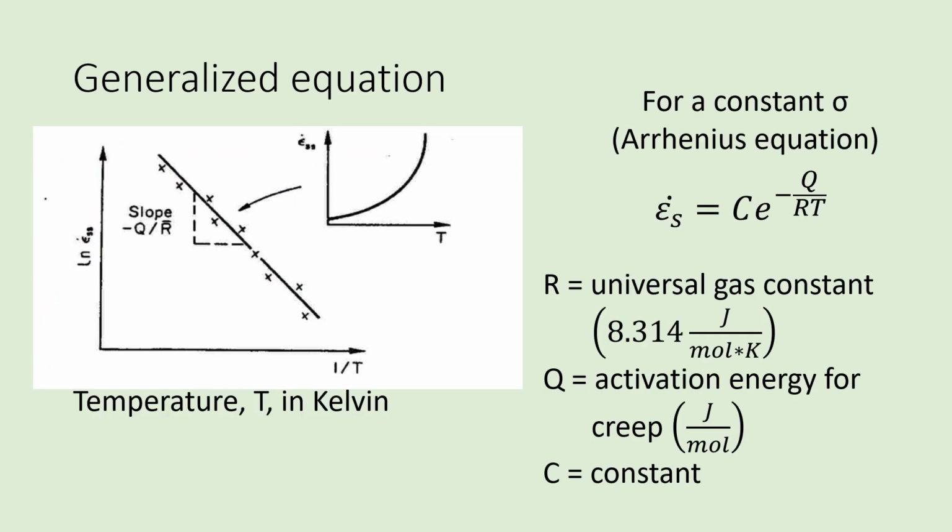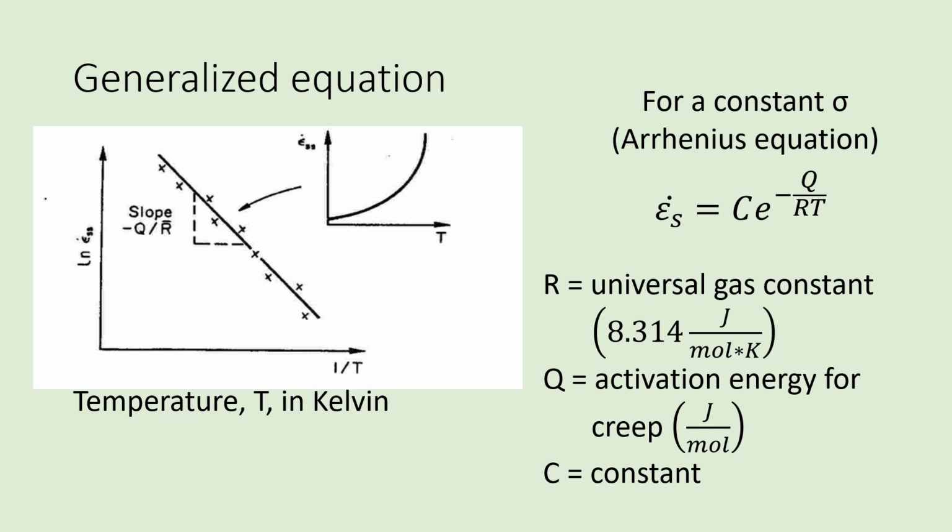Similarly, from experiments where temperature is varied and stress is held constant, the steady state strain rate was found to be negatively correlated with the inverse of the absolute temperature measured in kelvins, meaning higher strain rates occur at higher temperatures and lower strain rates occur at lower temperatures. This makes sense based on what we talked about previously.